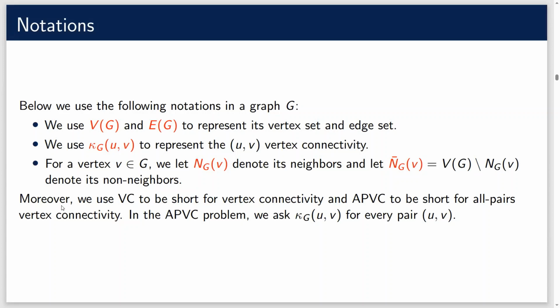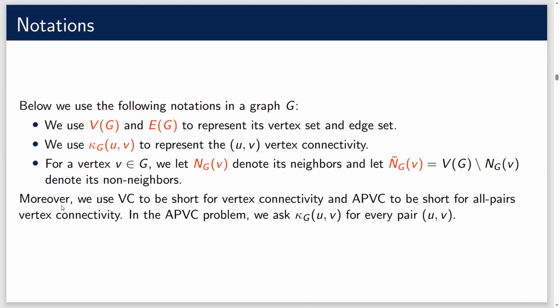So below, we use the following notations in a graph G. We use V(G) and E(G) to represent the vertex and edge set. Also, we use kappa_G(u,v) to represent the u-v vertex connectivity. And for vertex v, we let N_G(v) denote its neighbors in graph G, and let N_G bar(v) denote its non-neighbors.